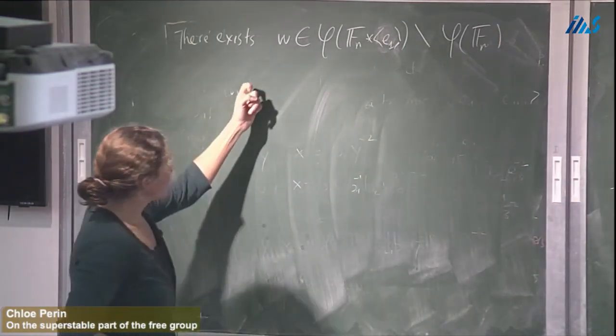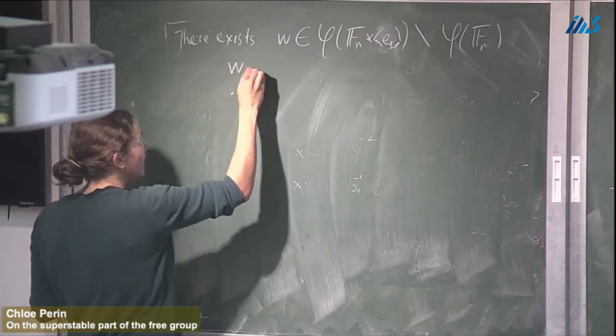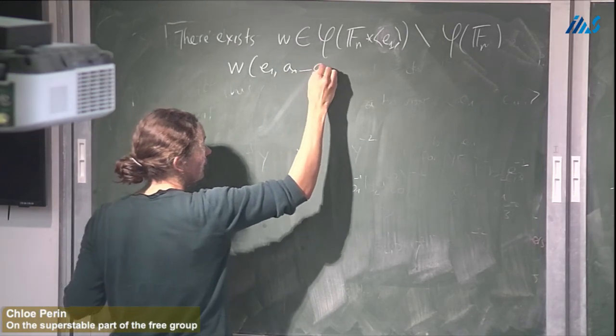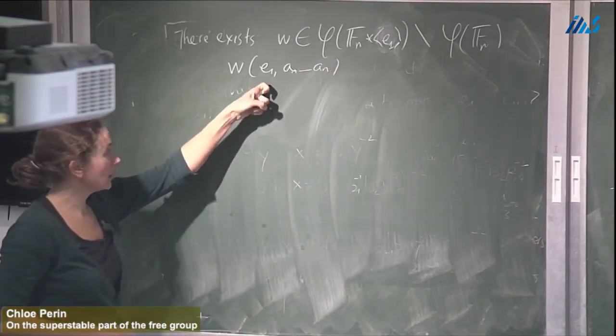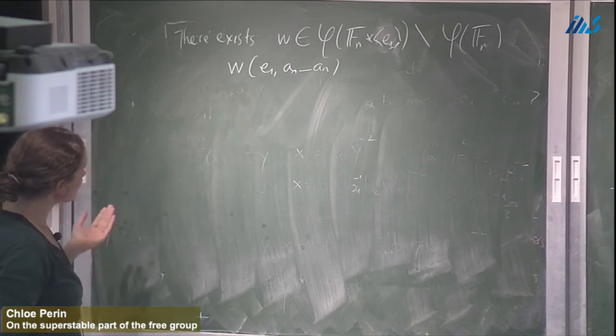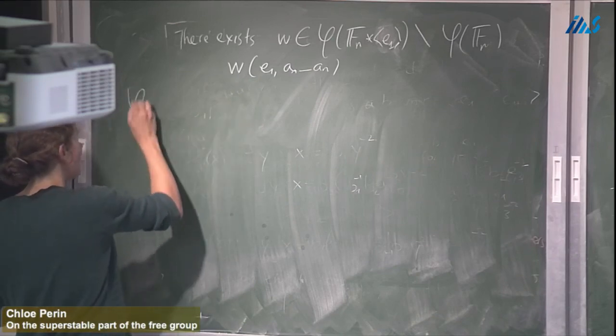This element I can write as a word in E1 and then in the A's, A1 up to An. But the point is that the E1 will really appear here. And then you can write the following formula.